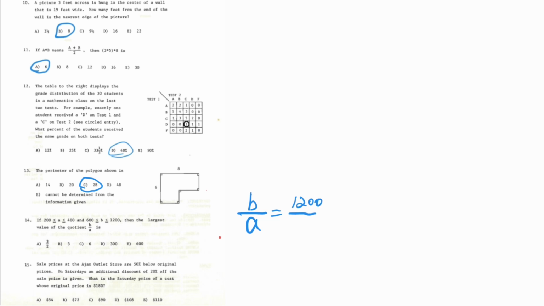Smallest A, that's 200. 1200 over 200 gives us the largest value of B over A. Cancel 2 0, cancel 2, that's 6. So the answer is D.